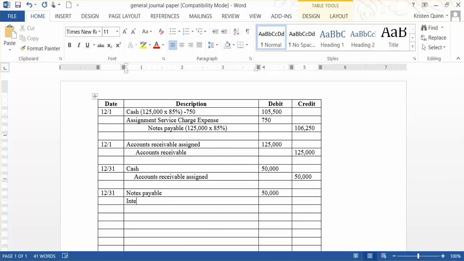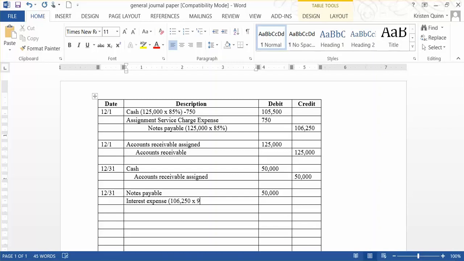We also owe interest expense at the time that we make a payment. And they had told us in the previous exercise, review exercise 6-8, that our interest rate was 9% on any outstanding balance. Well, since we hadn't made a payment yet, our outstanding balance was $106,250.